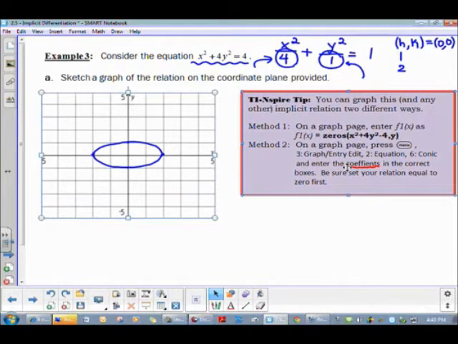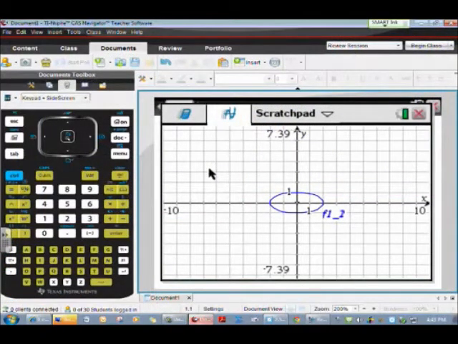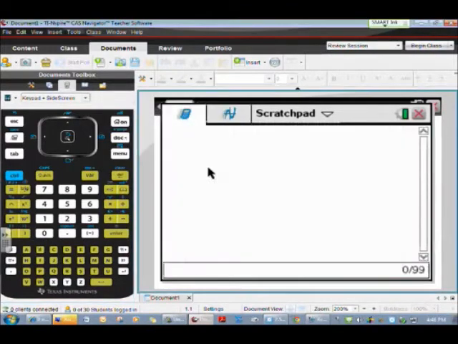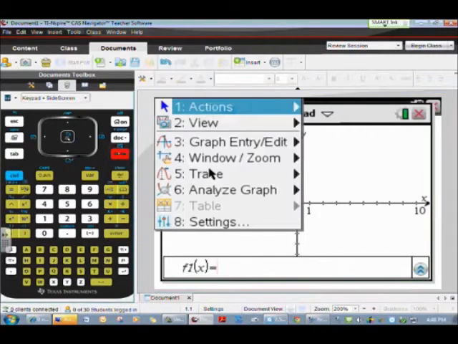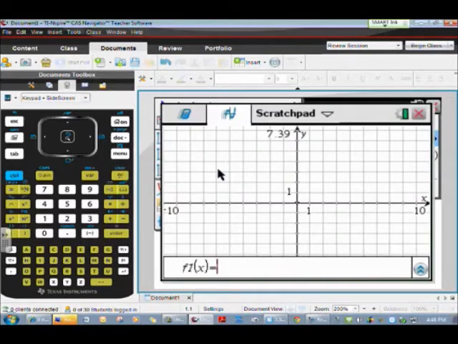Method two relies a little bit more, I should say I've underlined the coefficients of the current terms that are in the original equation. You would actually go into a completely different graphing menu in which to do that. Once I get into a graphing page here, notice the F1 of X isn't going to do a good job with this. So I want to go into a completely different type of menu.